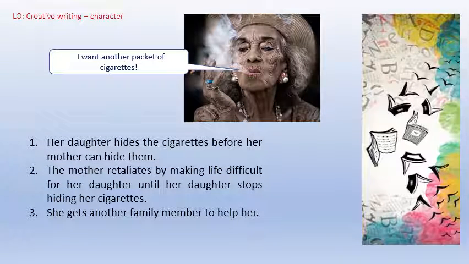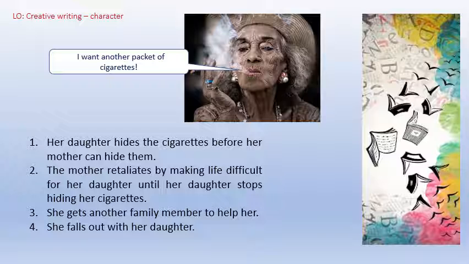Now, here's an example of how a character is driven by something they want, which causes conflict, which drives the story. So here's a woman from a picture at the beginning. They said stop misbehaving, but really they wanted to stop smoking. Her daughter hides the cigarettes before her mother can find them.